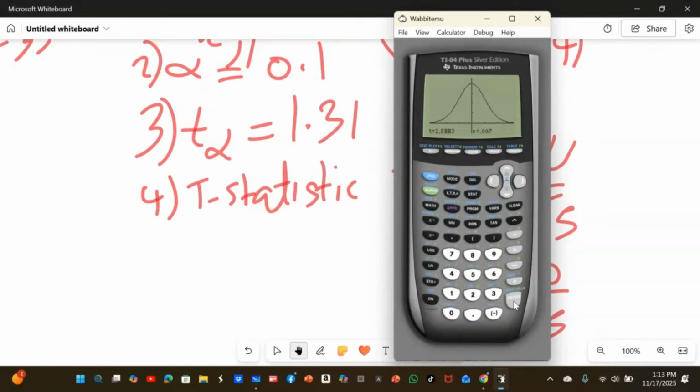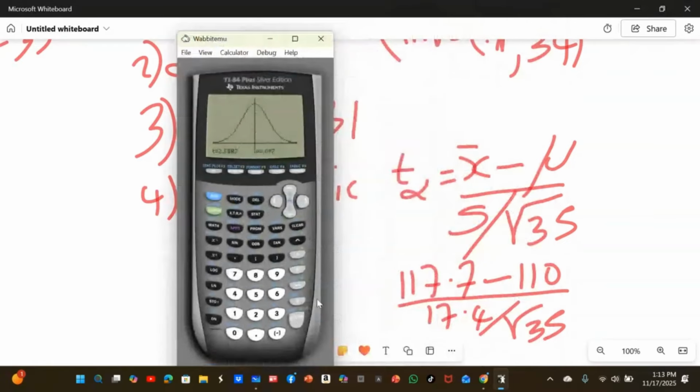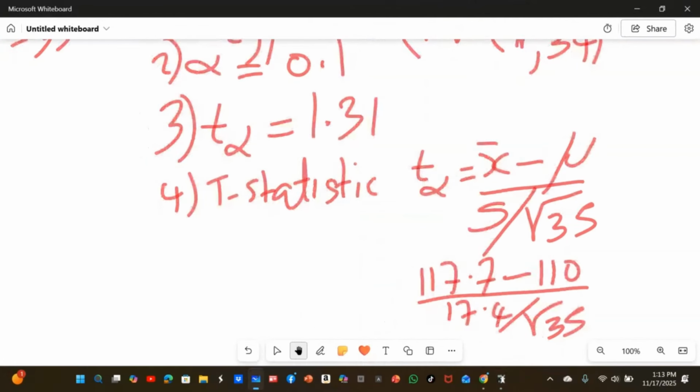If I round, I make it 2.3. So the test statistic is 2.3. All right, so this right here is equal to 2.3.